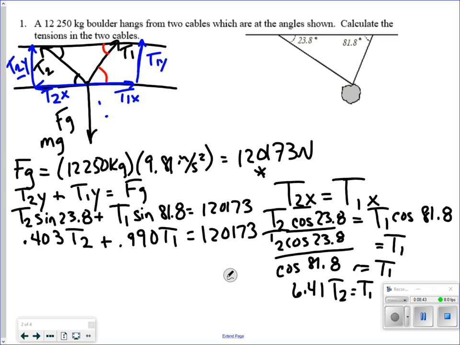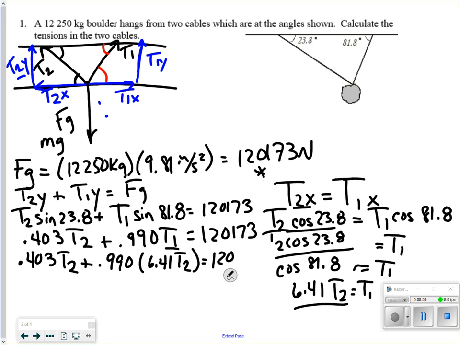All right, now I'm going to take this and put it there. 120173. All right, we got this.